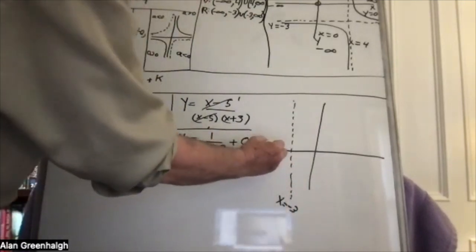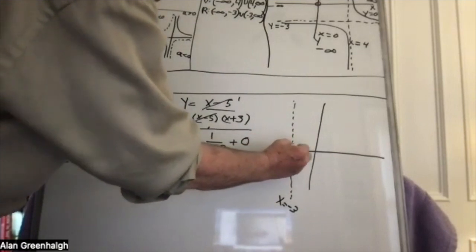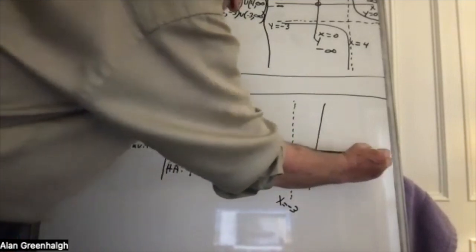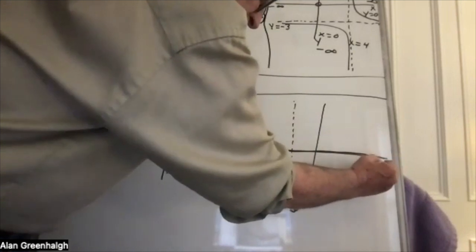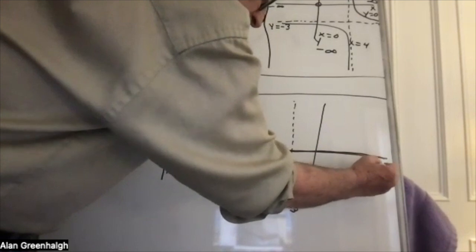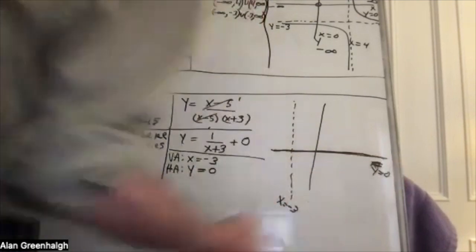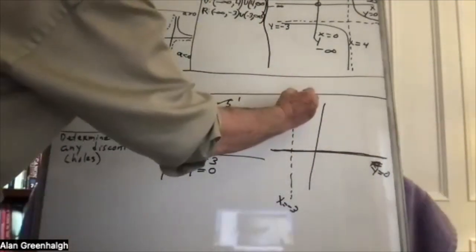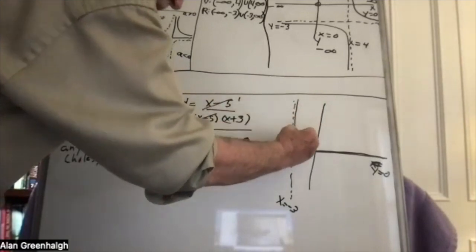The horizontal asymptote is simply going to be the x-axis. So here it is right here, y equals 0. And the graph is going to be drawn just like this.